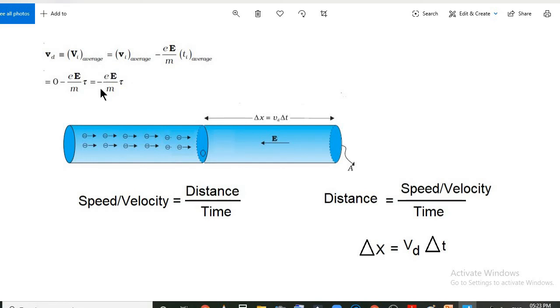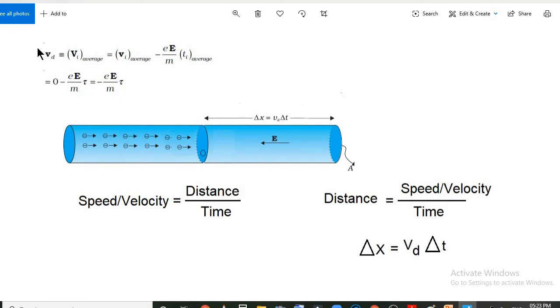Anyway, if you look at this equation, you can see the charge is a constant, 1.6 into 10 raised to minus 19 coulomb. The mass of an electron is also constant, and the electric field is constant, and again tau, we are only taking its average, that is a constant. That means all these terms are constant. What does it mean?